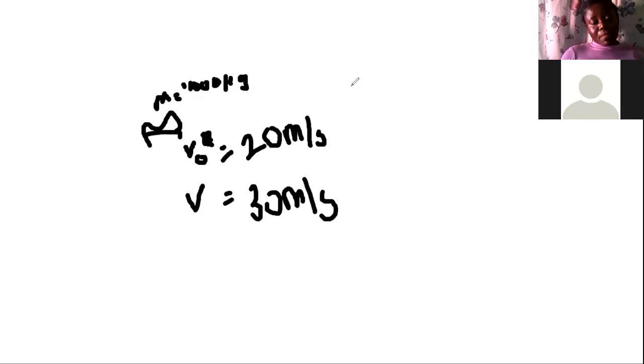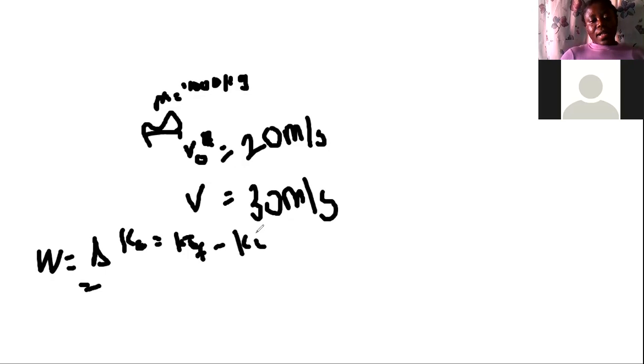Okay, keep in mind, remember first that the work energy is equal to the change in what? The change in the kinetic energy, where this is equal to the final kinetic energy minus the initial kinetic energy.